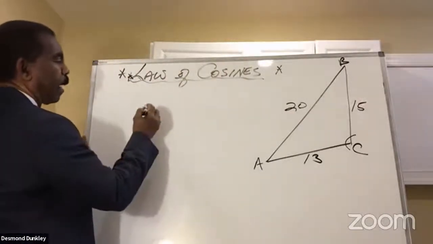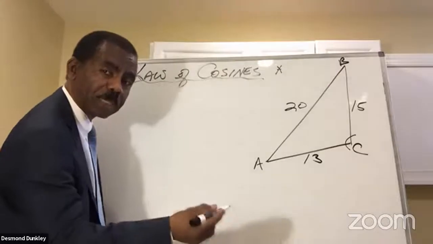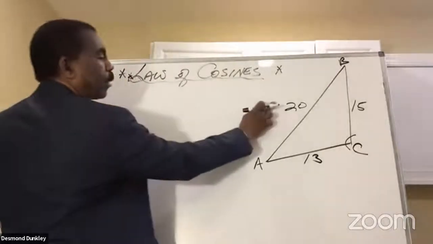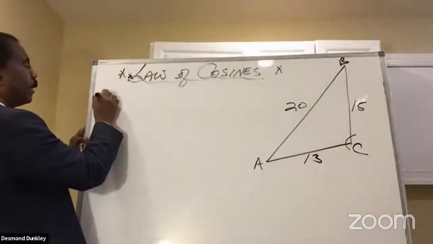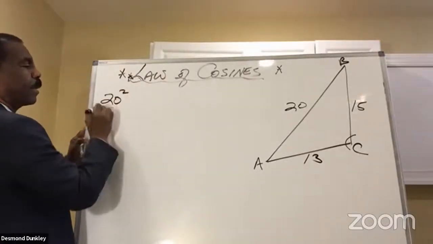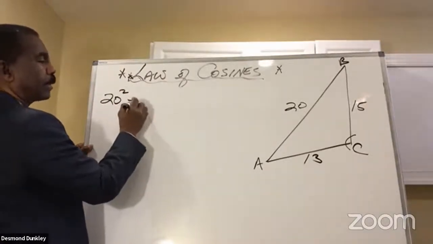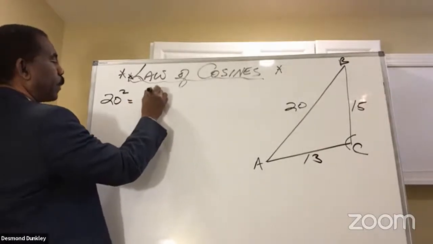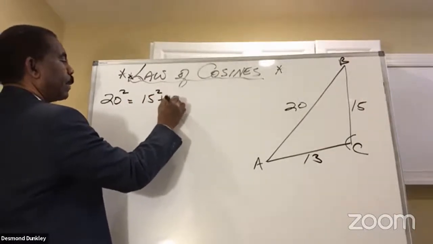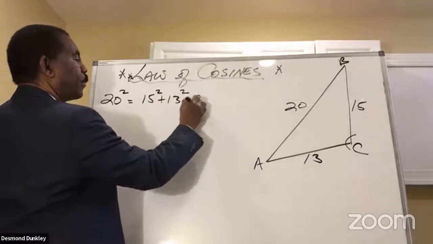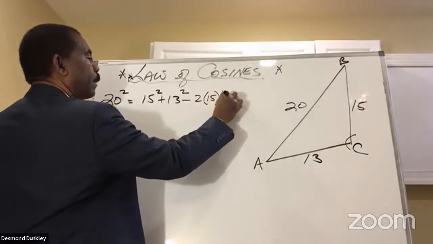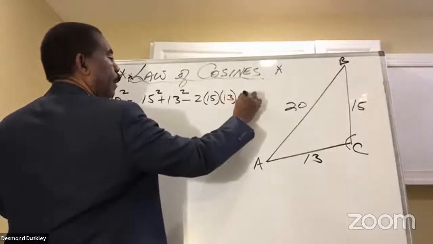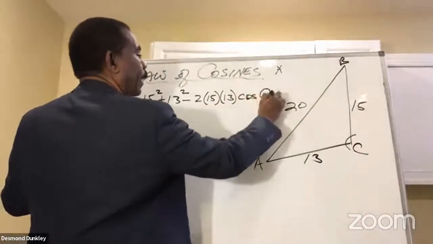According to the law of cosines, since you're looking for angle C, you start with 20. So 20 squared is equal to 15 squared plus 13 squared minus 2 times 15 times 13 cosine of angle C.